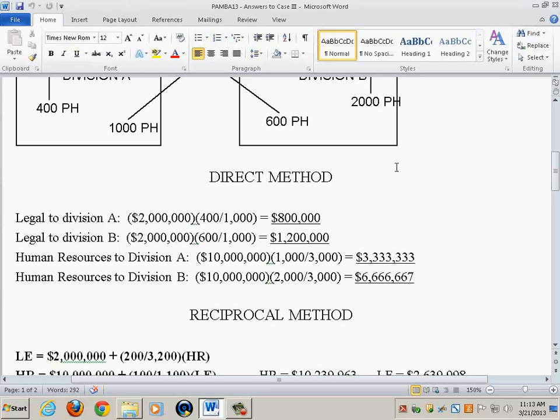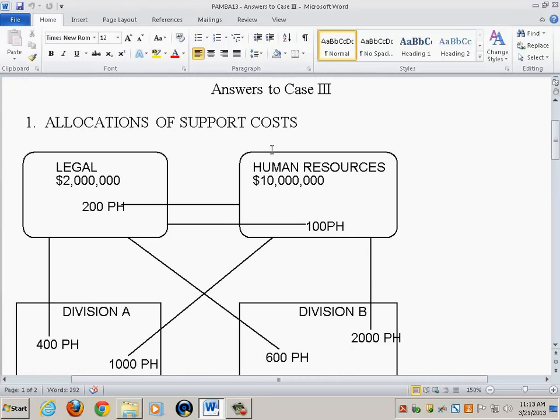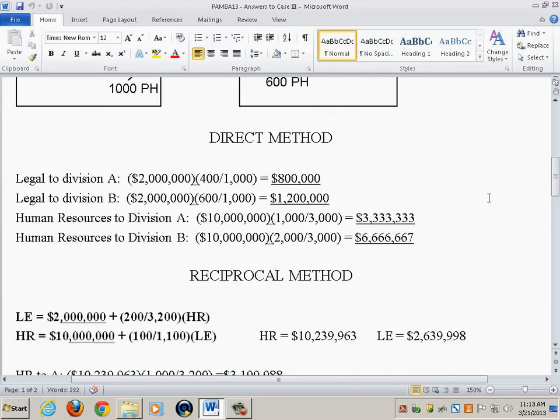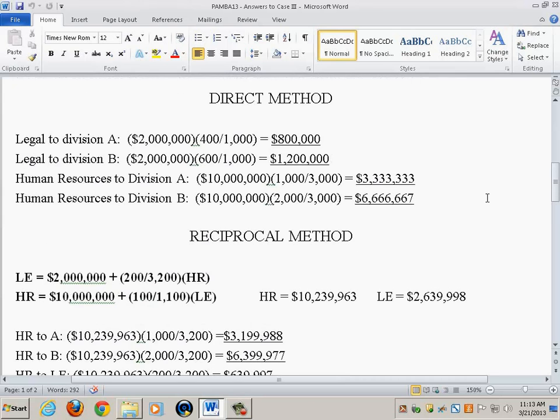Now, of course, the reciprocal method says, well, we do not want to ignore the exchange of services between human resources and legal. So let's have a method that incorporates that into the allocation.